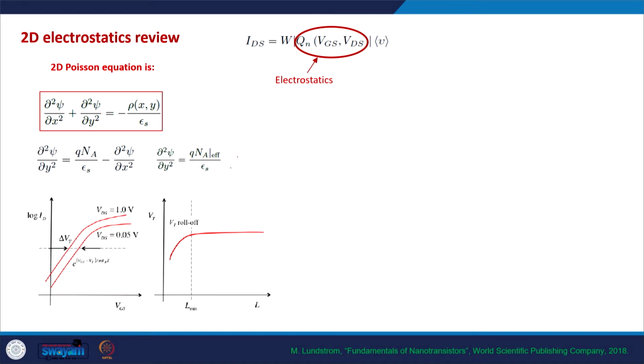So by considering the 2D electrostatics, we can account for all these effects that arise in the small channel MOSFETs.